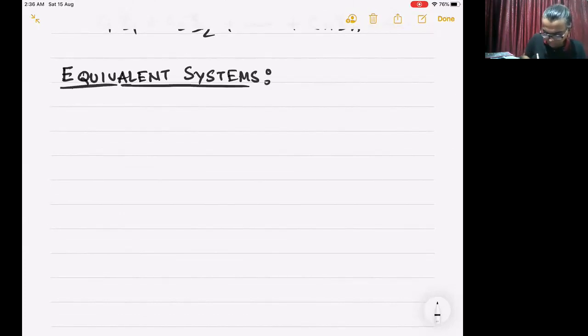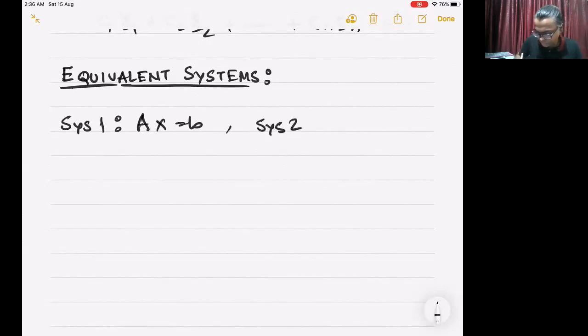Equivalent systems. Because we're talking about equivalent systems, that means obviously there will be multiple systems. So say I have system 1, which is given by Ax equal to b, and I have system number 2, which is A hat x equals b hat. Right?